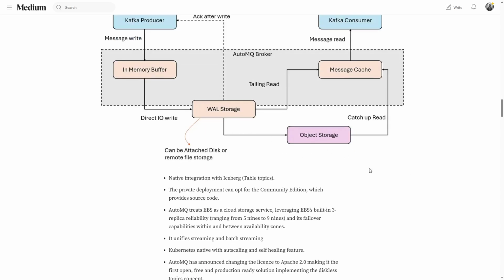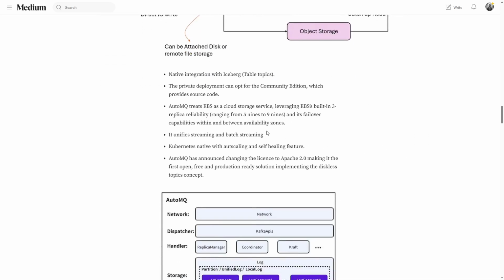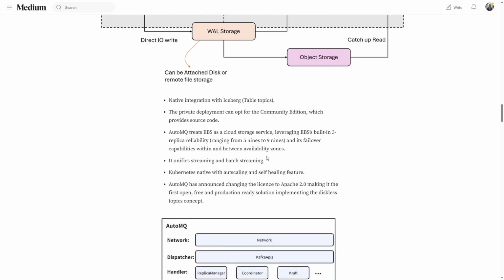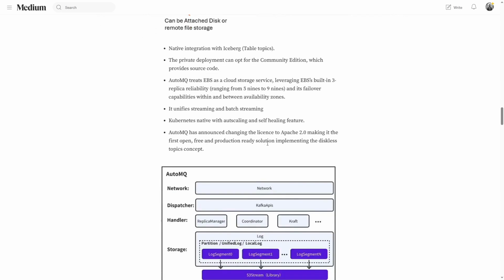So this strategy is being followed by AutoMQ. They also have native integration with Iceberg table topics, where we can create a topic that is directly written to the lakehouse storage as an Iceberg table, and you can query it from other engines if you need. So that's one added advantage.